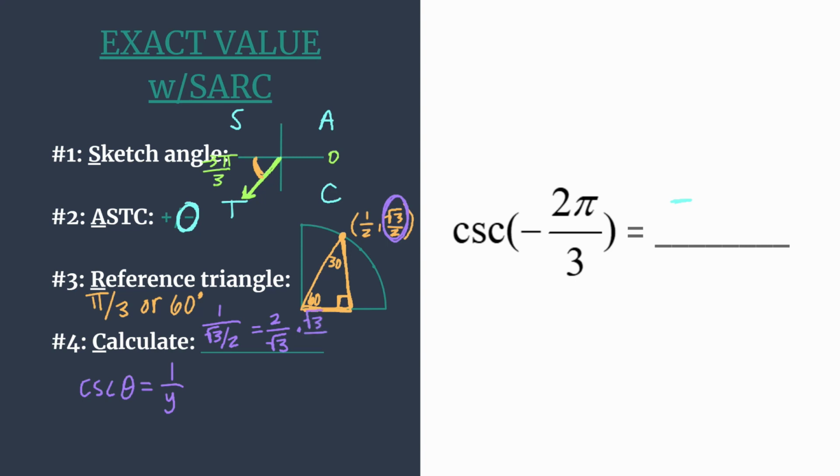Multiply by square root of 3 over square root of 3, and that gives us 2 square root of 3 over 3 as our value. Eventually, you'll get to the point where you simply know that the reciprocal of square root of 3 over 2 is 2 root 3 over 3. All right, so we know that the cosecant of negative 2 pi over 3 must be negative 2 square root of 3 over 3.